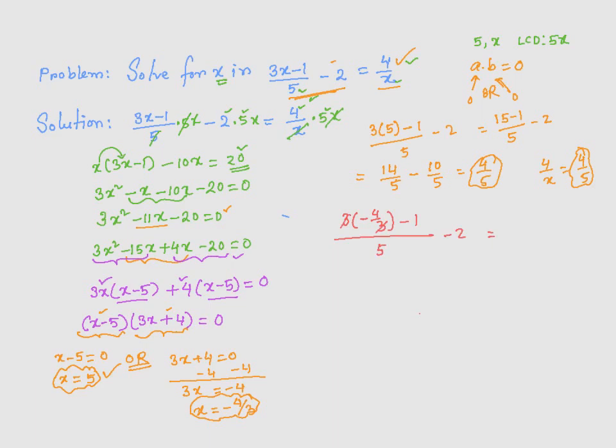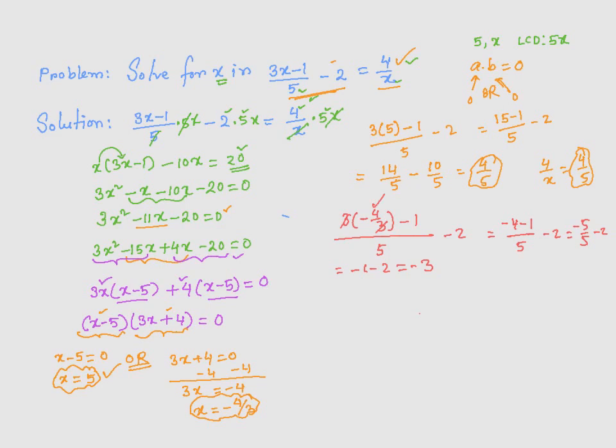That's going to give me negative 4 minus 1 divided by 5 minus 2, which is, by the way, negative 5/5 minus 2, which is just negative 1 minus 2, which is negative 3. Assuming that I haven't made any mistake here, it looks good so far. It turns out to be a nice number, negative 3.